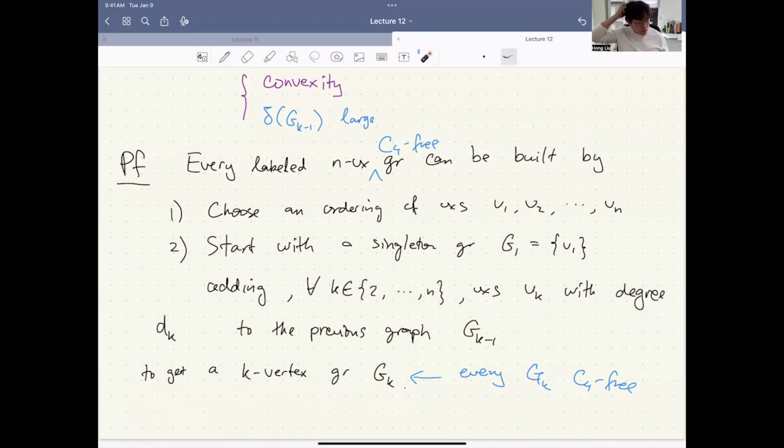So trivially, dk is at most k. Actually at most k minus 1, in fact, because you are adding a vertex Vk to a (k-1)-vertex graph. At most k minus 1, whatever, I use k.